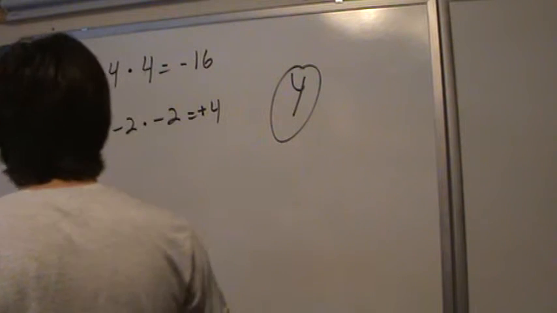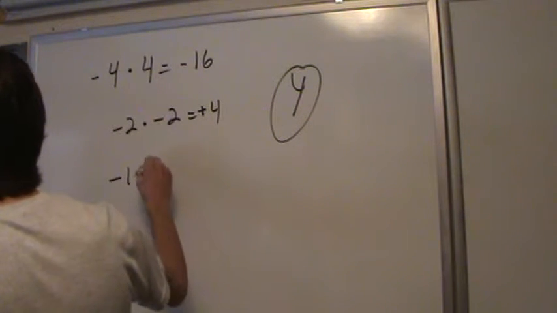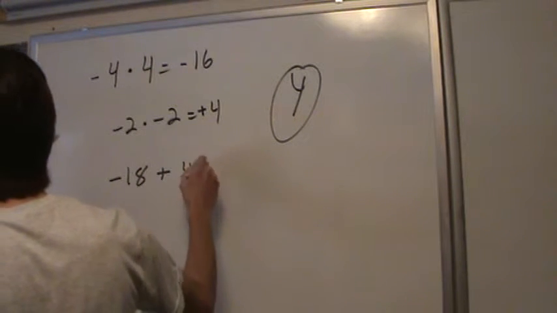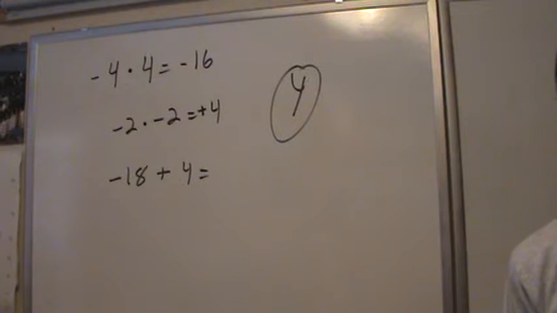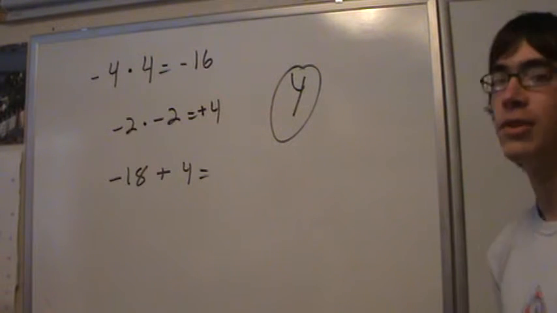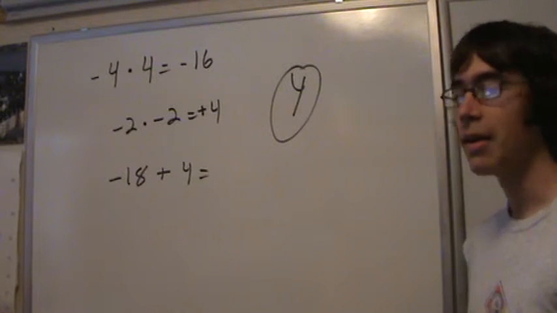Okay. So what else? How about they give you negative 18 plus 4. Oh my gosh. That's kind of a big number, isn't it? Usually we don't let huge numbers scare us.